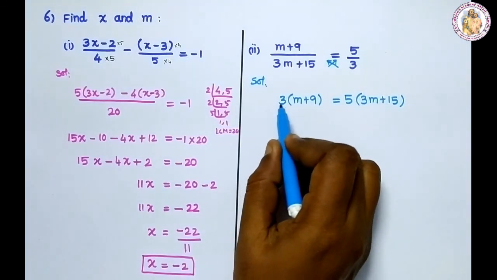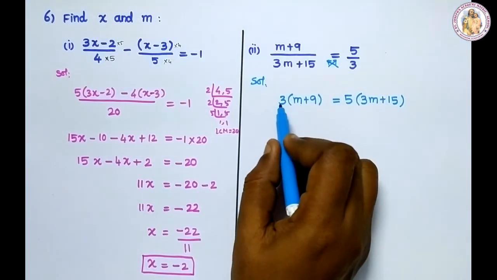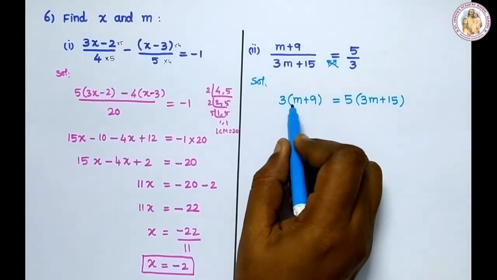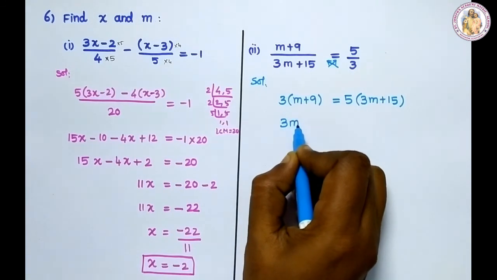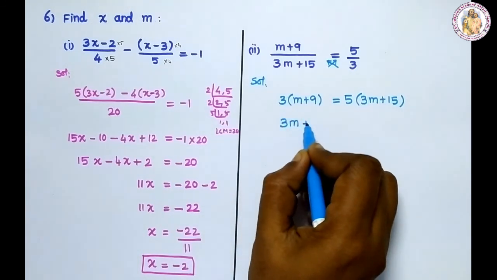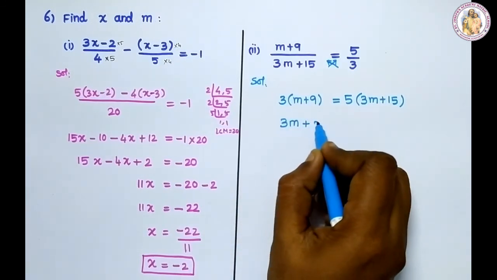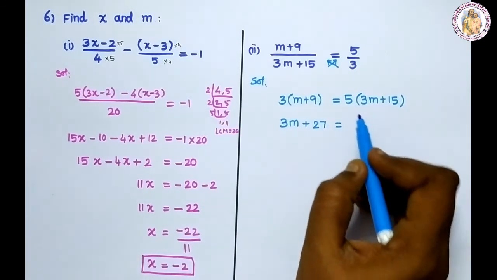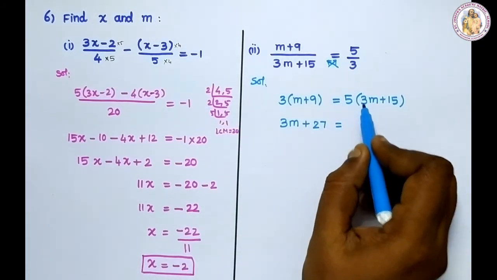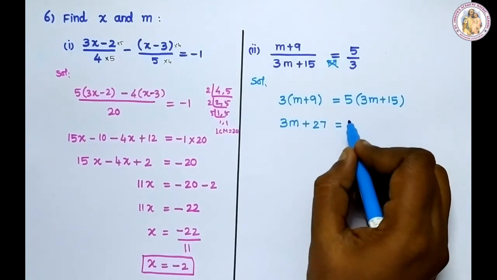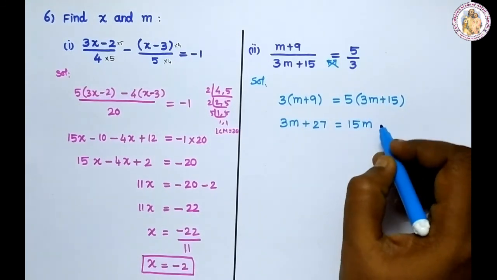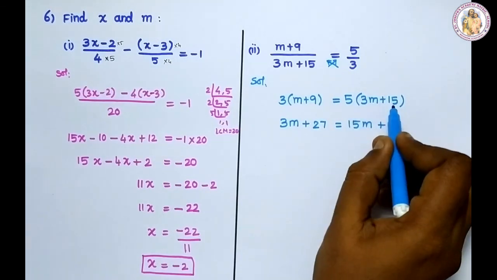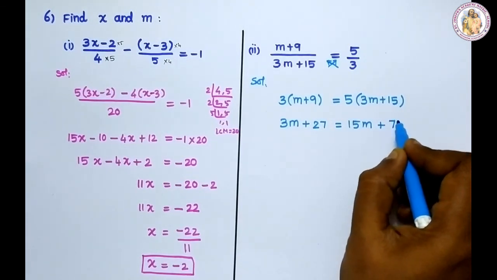Now multiply the numbers with the inside numbers. Plus into plus 3 into m, 3m, plus into plus 3 9s are 27, equal to plus into plus 5 3s are 15m, plus into plus 5 15s are 75.